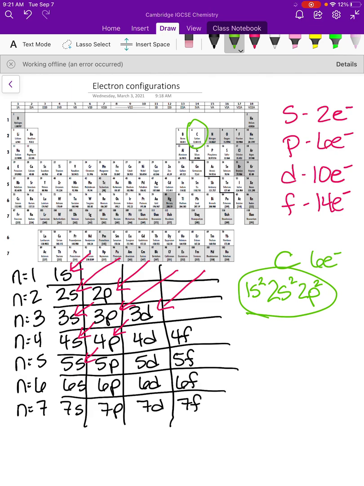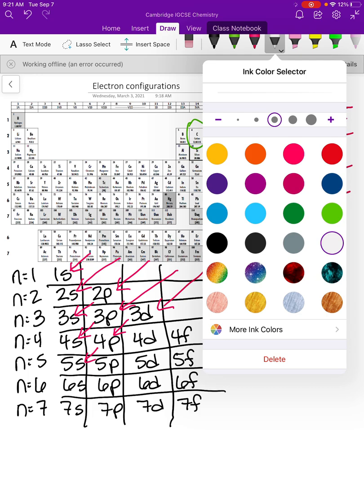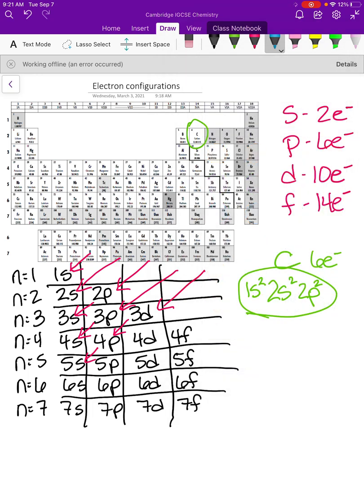All right, let's do another one. Let's do magnesium. Magnesium is 12. So Mg, we need to represent 12 electrons.